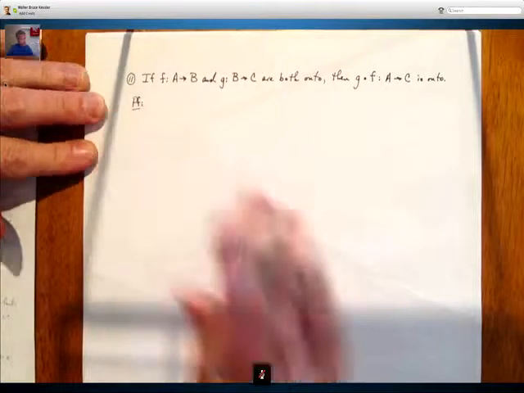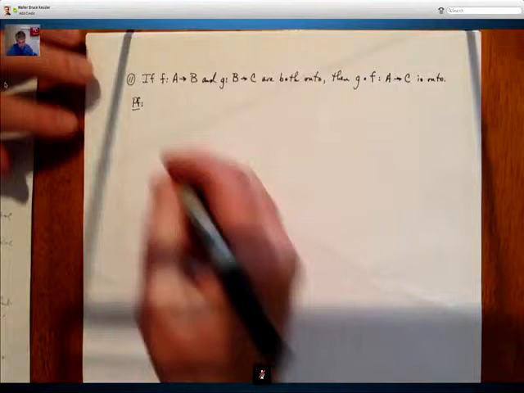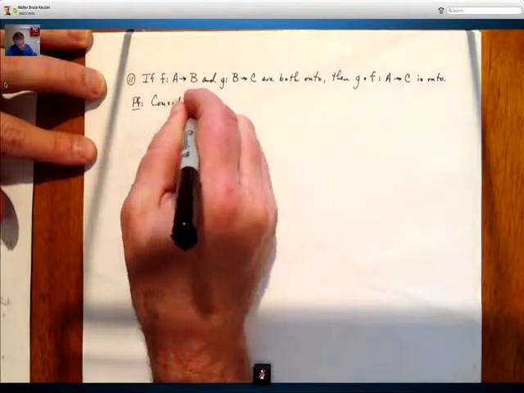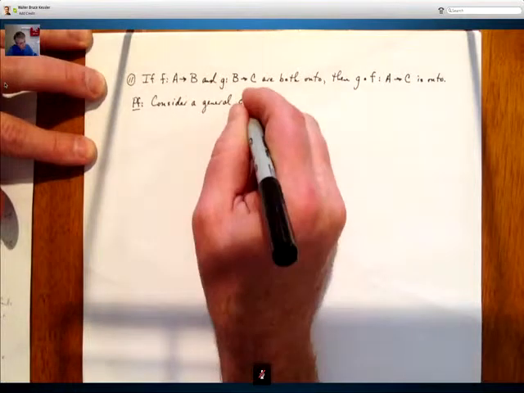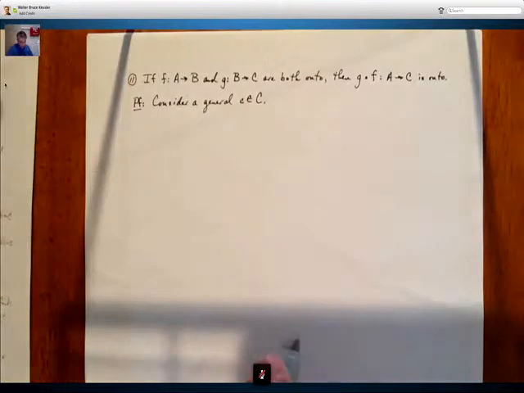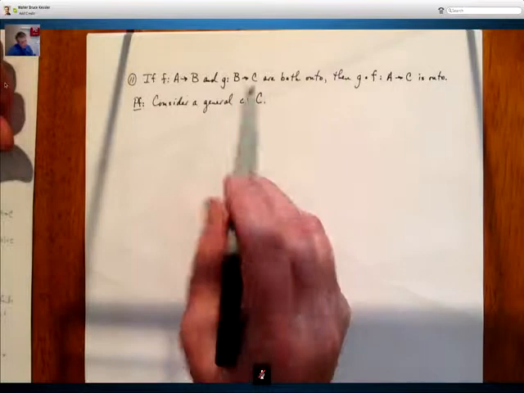Okay. So remember how we show onto. We take just a general element in the codomain. So consider a general element C in the set C. Okay, nothing special about it, just there. Okay?